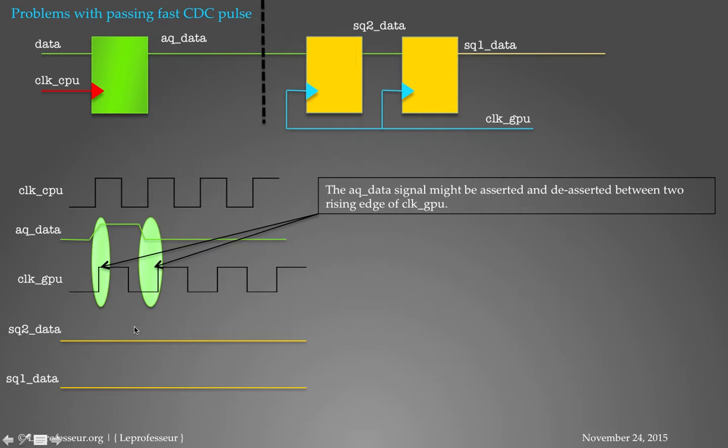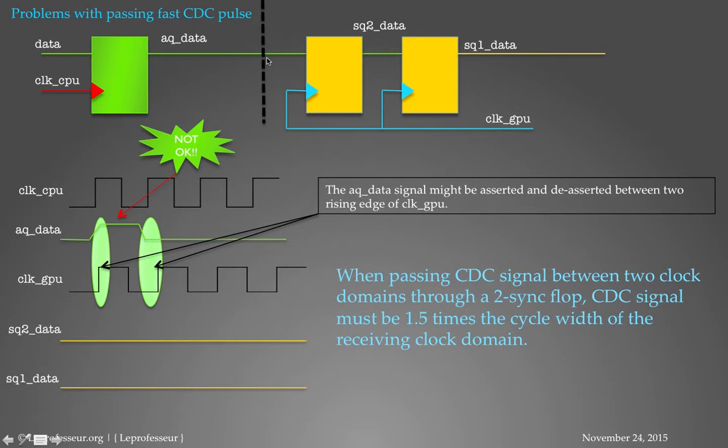You will never toggle the data in the receiving clock domain. That's just not okay. So one has to be careful about the clock frequency of the sending clock domain and the receiving clock domain, and what the pulse width of the signal crossing the clock domain boundary is going to be.